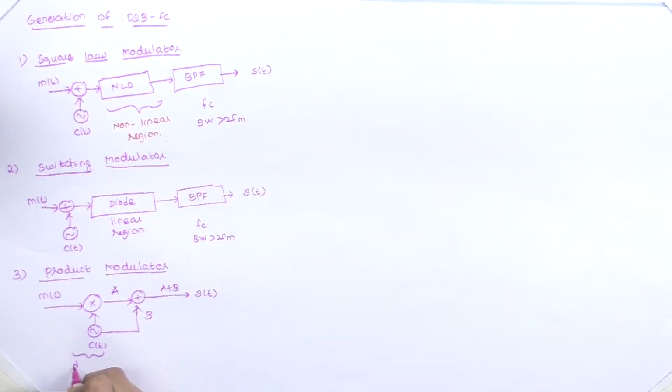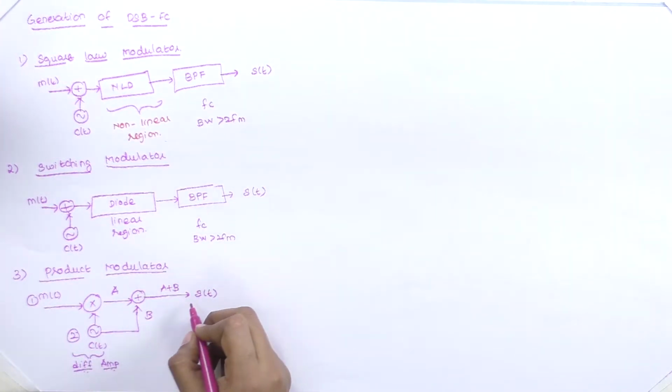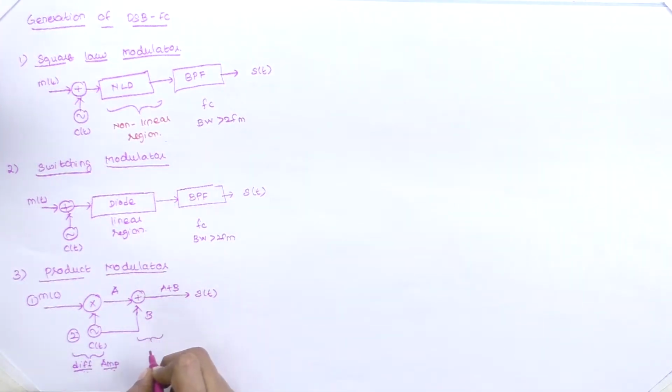The multiplier can be a differential amplifier, and the gain of the differential amplifier is varied in accordance with one of the input signals. Either it may be varied by the message signal or by the carrier signal. Here the adder can be replaced by an operational amplifier.